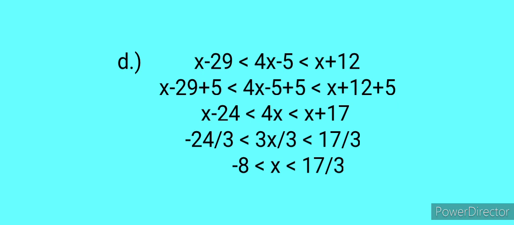If those x aren't the same in those other two sections, like the one I did here, then it's not easy to solve. But again, questions don't ask you to solve those, they ask you to check a specific x value. So the last thing I've got to do is divide by 3 in all sections, and I get -8 less than x less than 17 over 3.